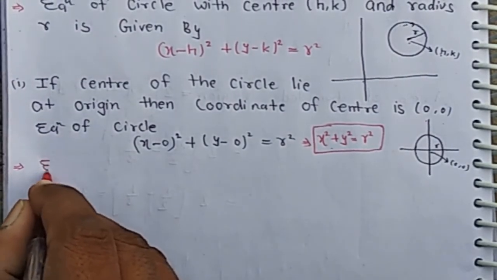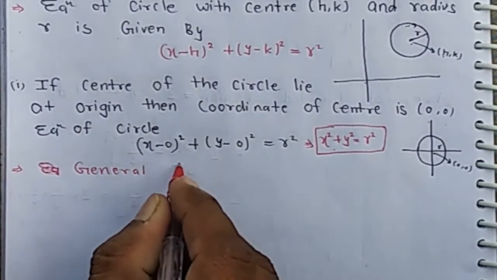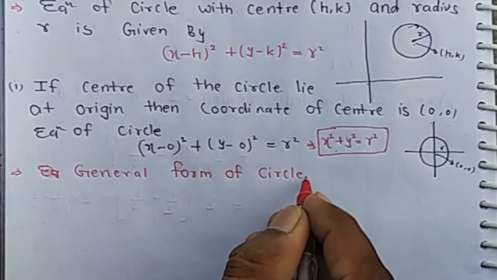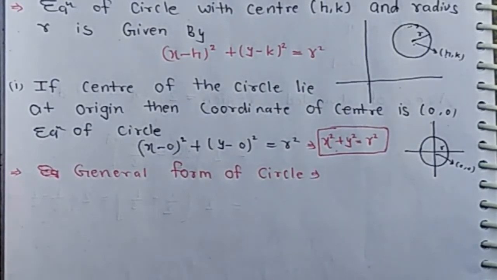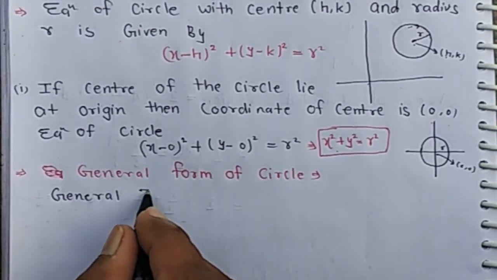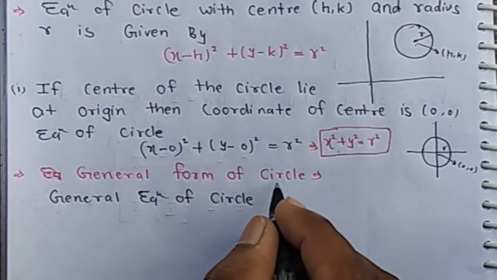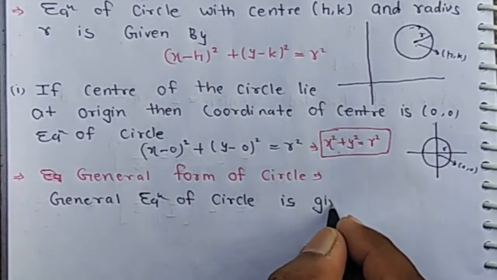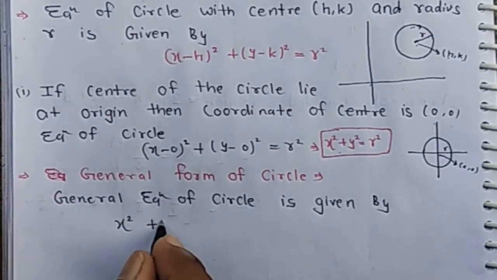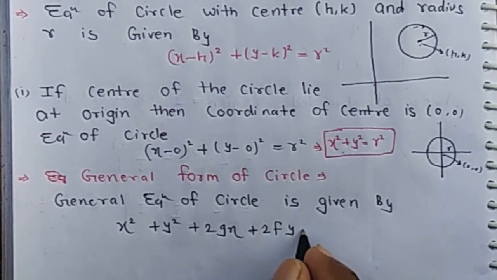Equation of circle, general form of circle: x square plus y square plus 2gx plus 2fy plus c equals 0.